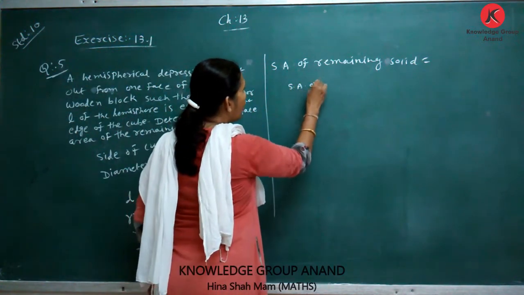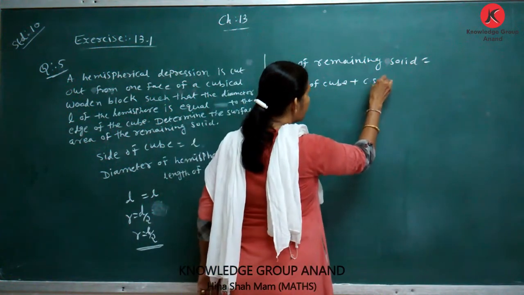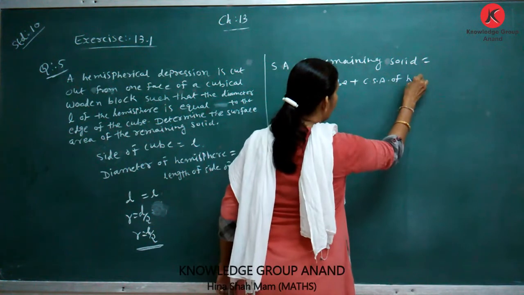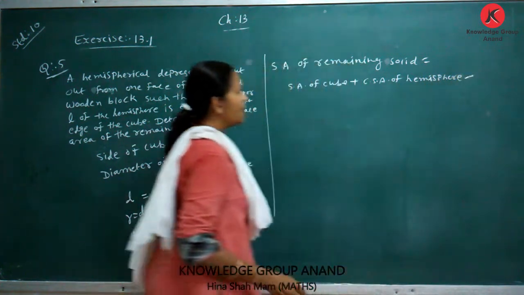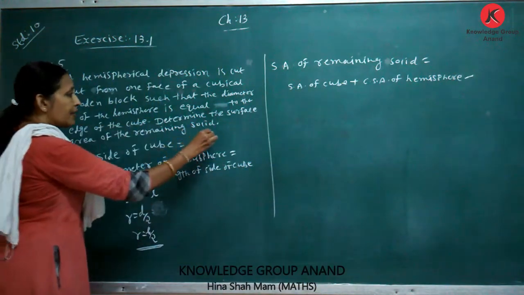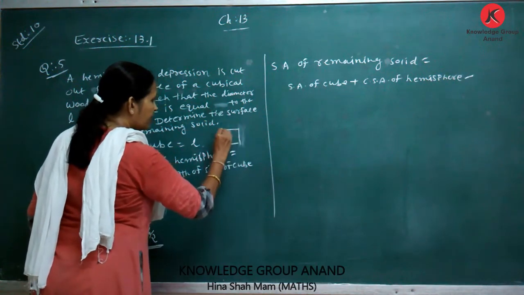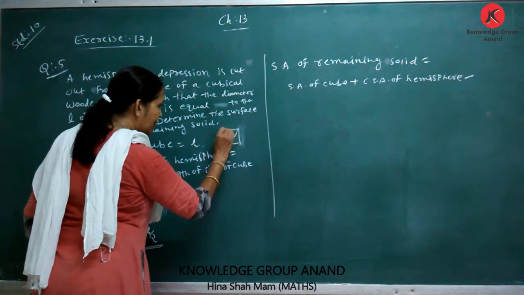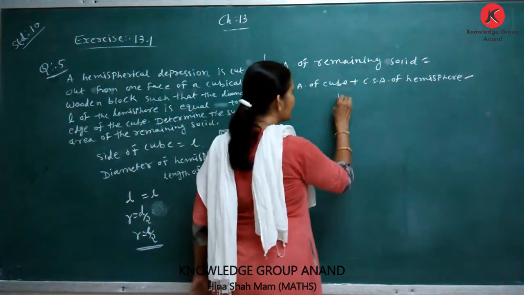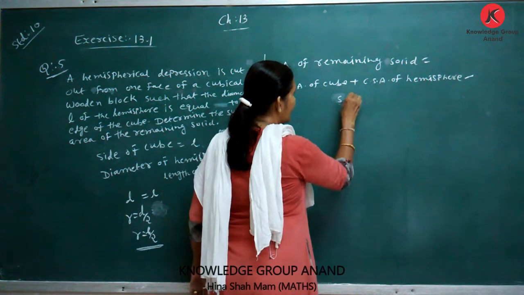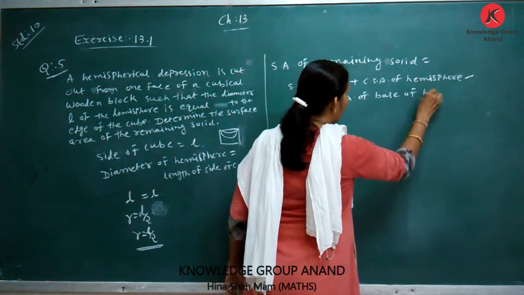Surface area of cube plus curved surface area of hemisphere. Which shape is subtracted? The base of the hemisphere, so minus surface area of base of hemisphere.